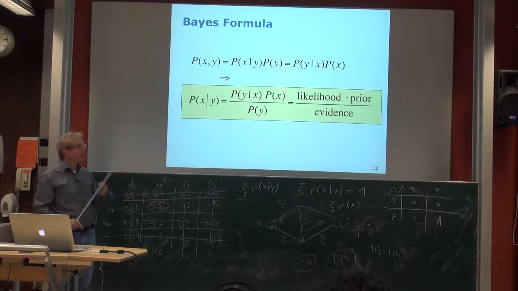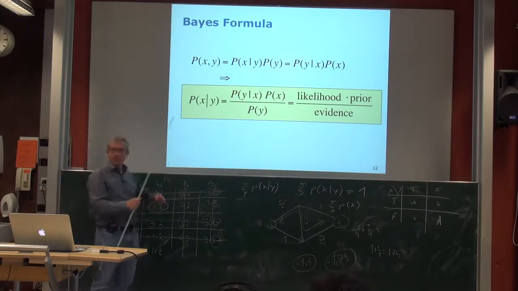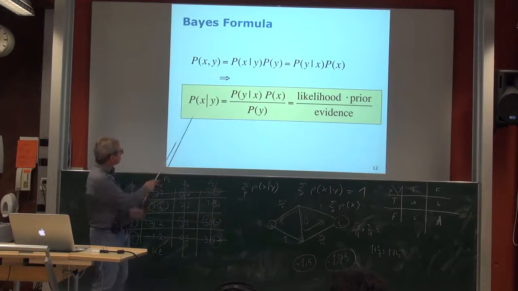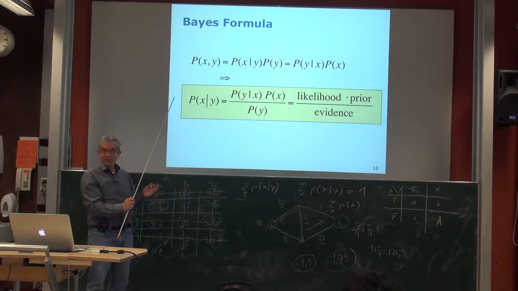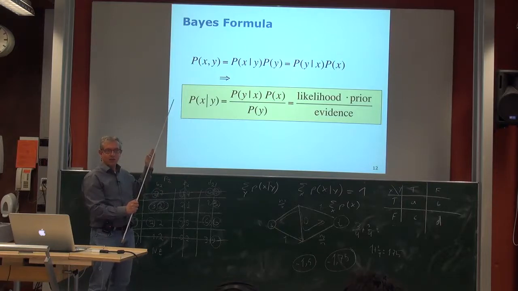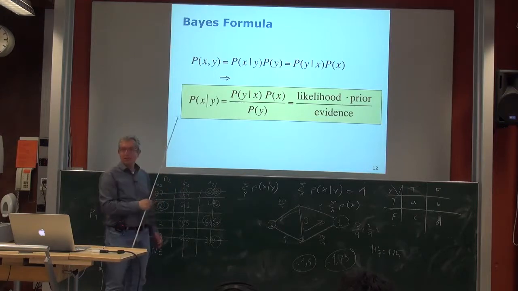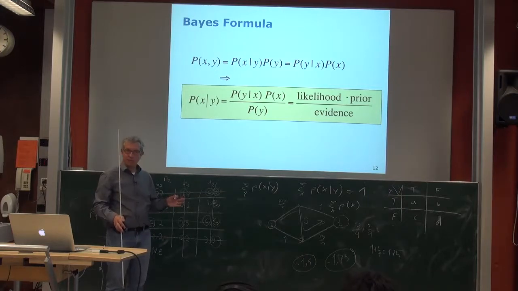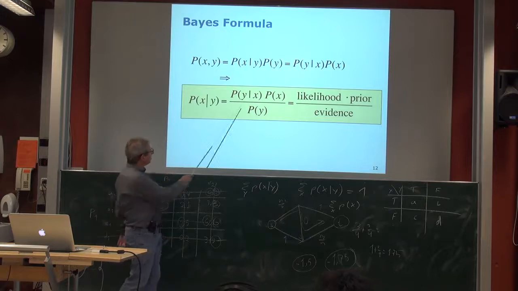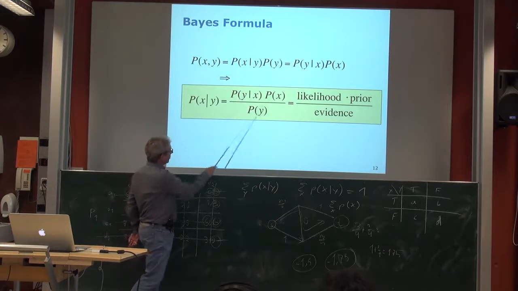And this p of y does nothing else but act as a constant that makes sure that the left-hand side sums up to 1 over all x, because it's the same for every x, it's independent of x. So if for some reason we have no means for calculating this, or nobody told us what p of y would be, we can still infer what p of y is simply by calculating the sum over all these cases.